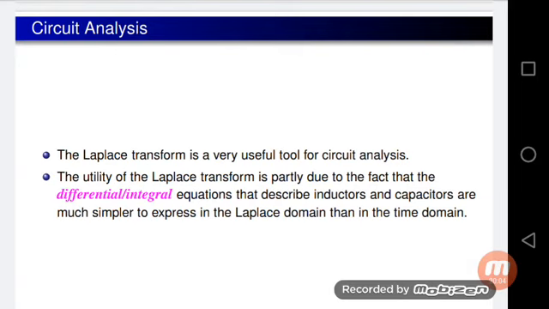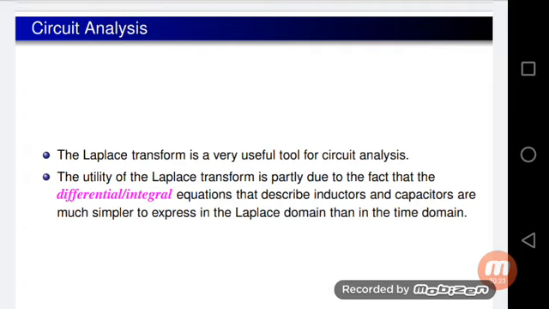Next one is circuit analysis. The Laplace transform is a very useful tool for circuit analysis.